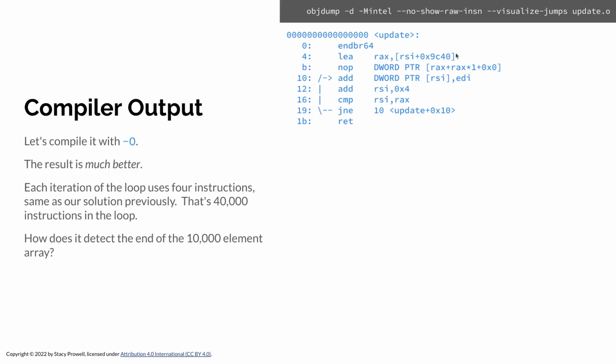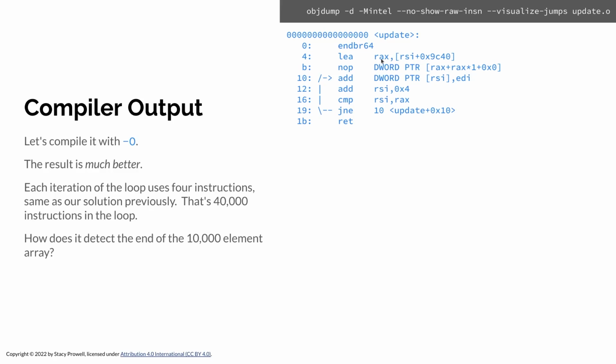Now, what we're doing here is we're adding this fixed amount to RSI and putting that in RAX. In fact, we're adding the length of 10,000 entries to RSI. Each entry is a DWORD, so it's 4 bytes. We're adding all of that, and RAX is the address one past the end of the array.